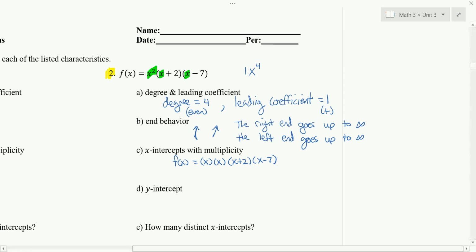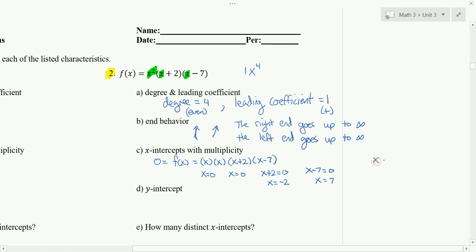So to find an x-intercept, you set your factors equal to 0. And you set f of x equal to 0. And so we get x equals 0, x equals 0, x plus 2 equals 0, and x minus 7 equals 0. So it gives us x equals 0, it gives us x equals negative 2, and it gives us x equals 7.